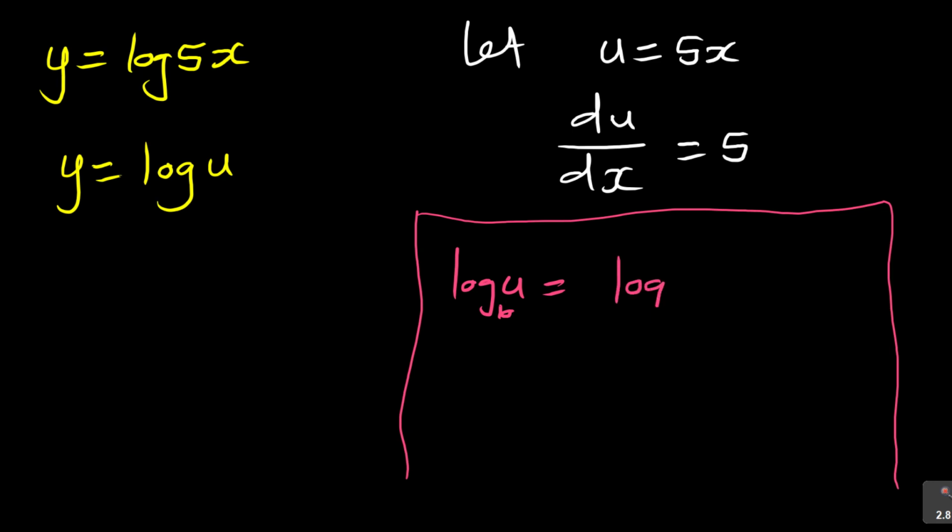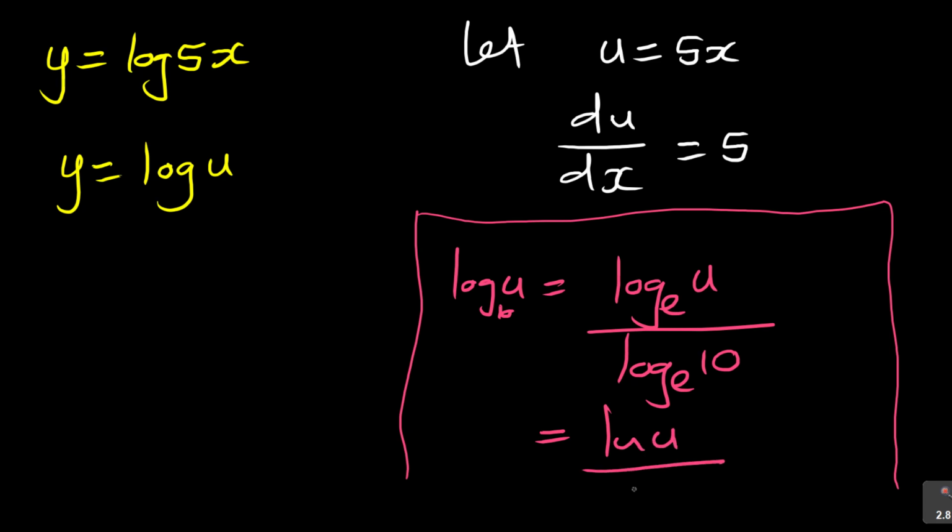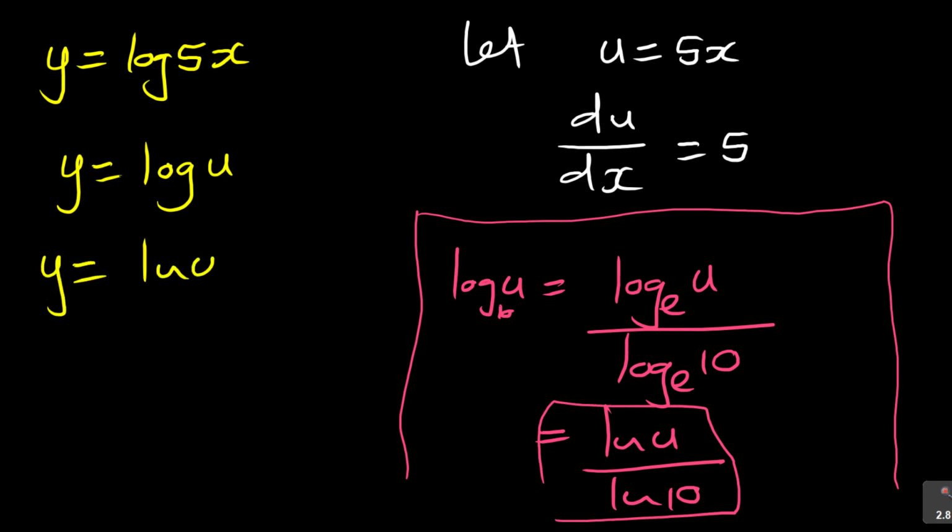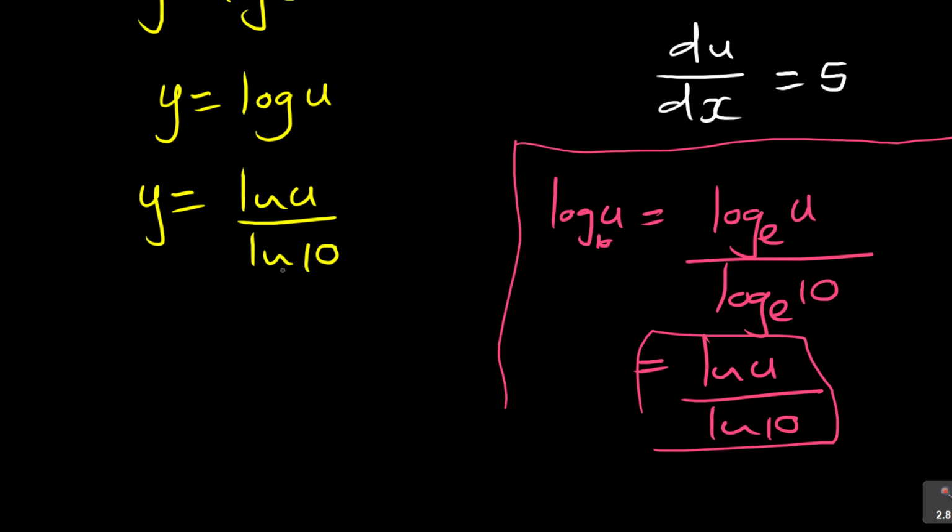So it will be log base e of u over log base e of 10, right? And you know what log base e is? It's ln. So this is ln u over ln 10. Are you with me? So here I can continue now and say y is equal to ln u over ln 10. Now, you know, this is more like my k now.